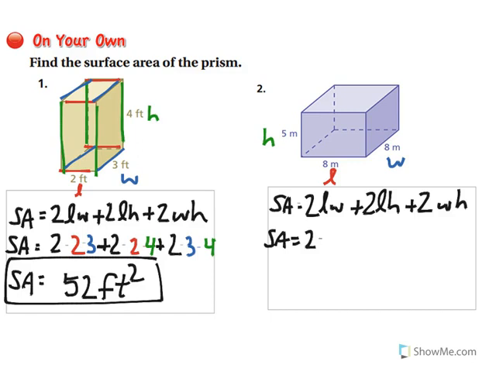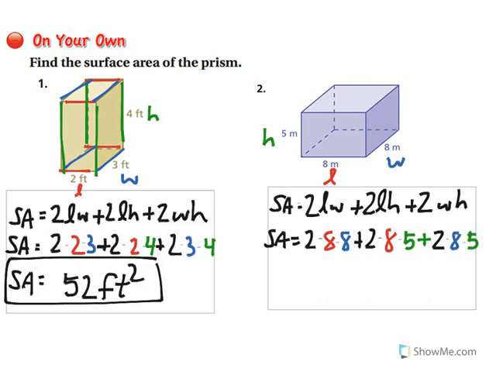So I have 2 times 8 times 8, plus 2 times 8 times 5, plus 2 times 8 times 5.